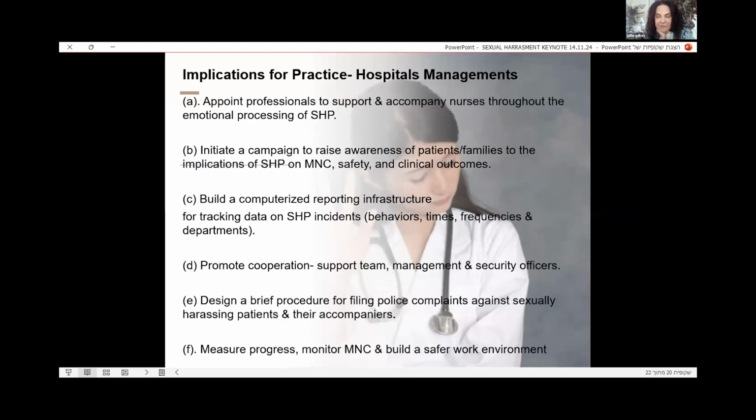Hospital managers, what can they do? They can appoint professionals to support nurses throughout the processing of the harassing incident. Also, initiate a campaign for the community so that they raise awareness of patients and their families to the implications of sexual harassment on their loved ones.